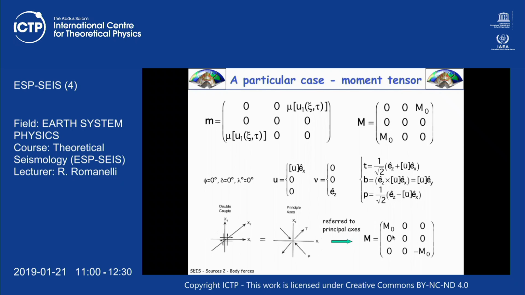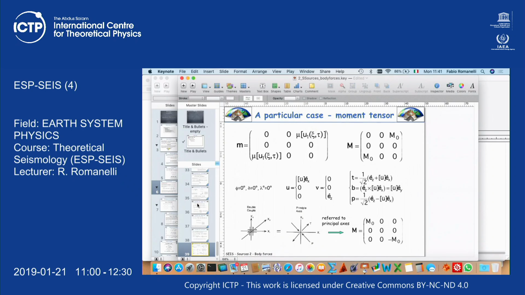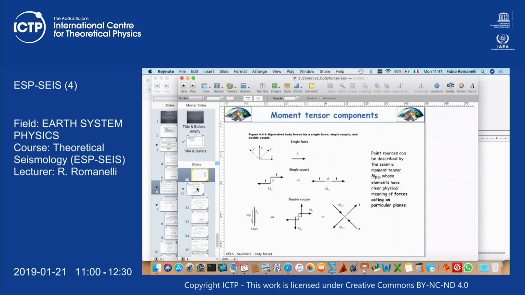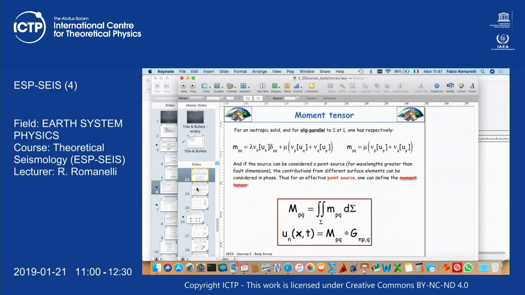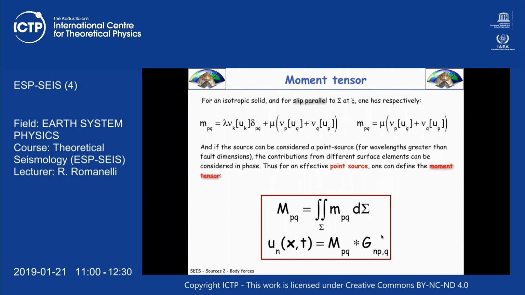What is time here? What is time? Well, there is time. Actually, I was lazy and I was not writing all the dependencies here. But you see there that there is a convolution.